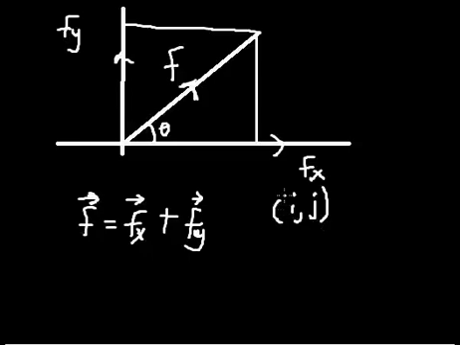So if a vector is neither vertical nor horizontal, I use these coordinates to represent it.